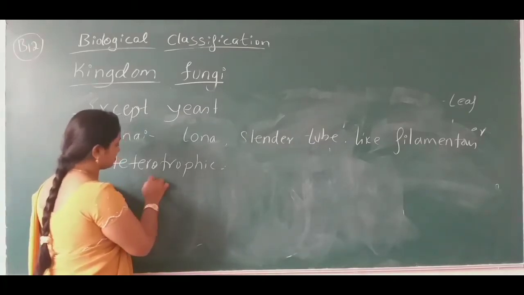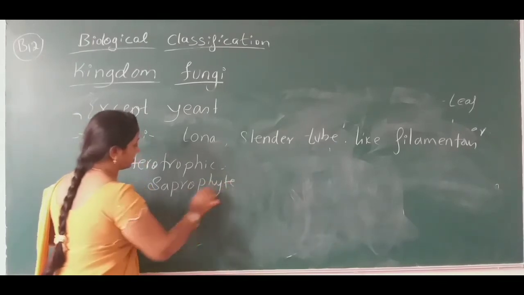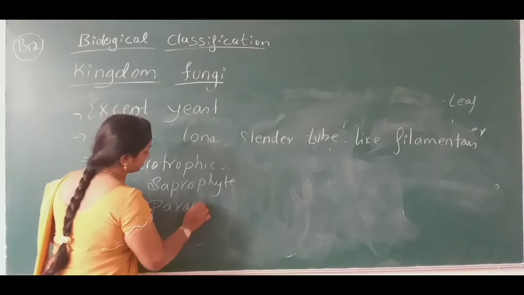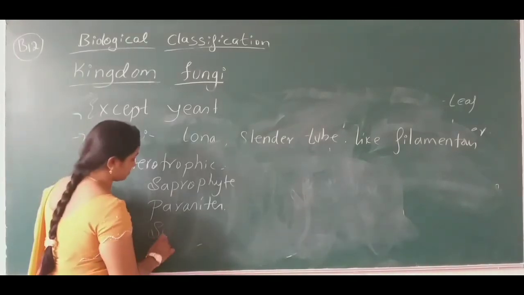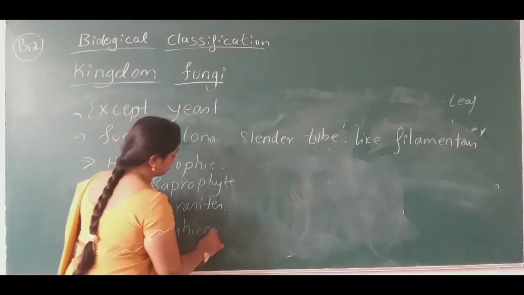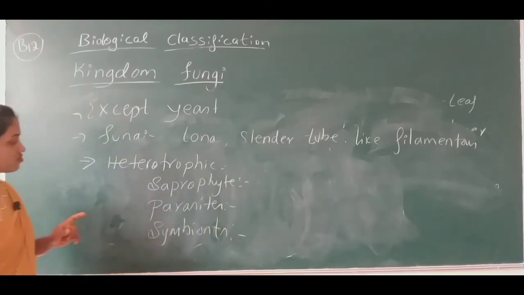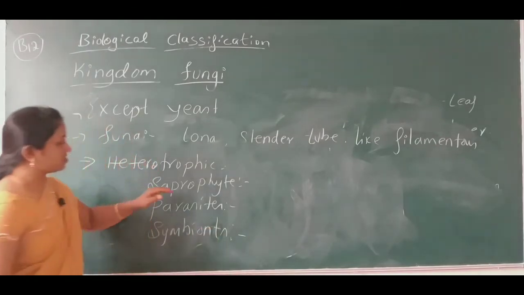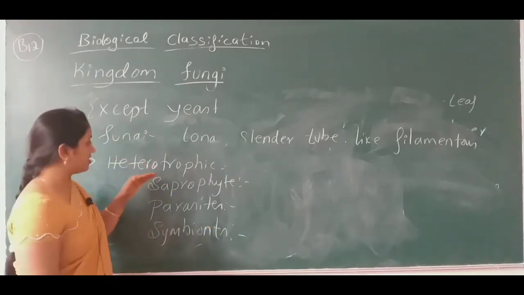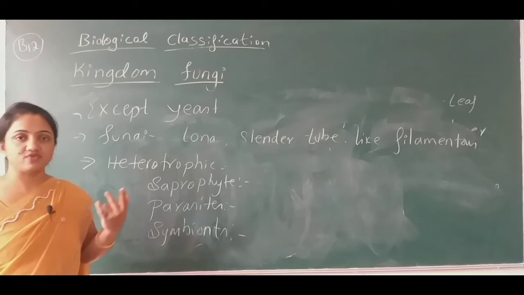One is saprophyte, the second is parasites, which grow on animals and plants, and one more is symbionts. What do you mean by saprophyte, parasite or symbionts? These are different types of fungi based on how they consume their food.